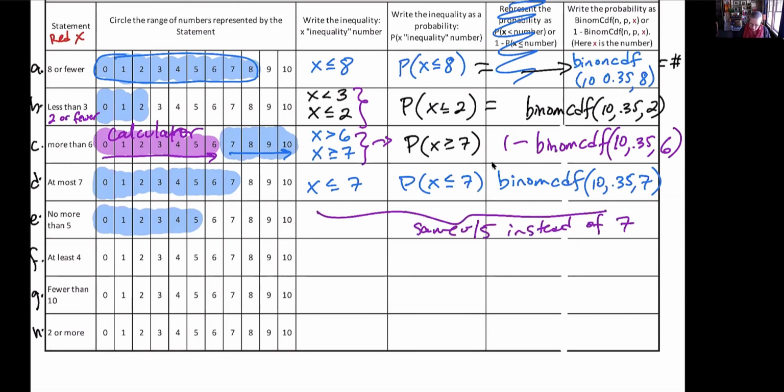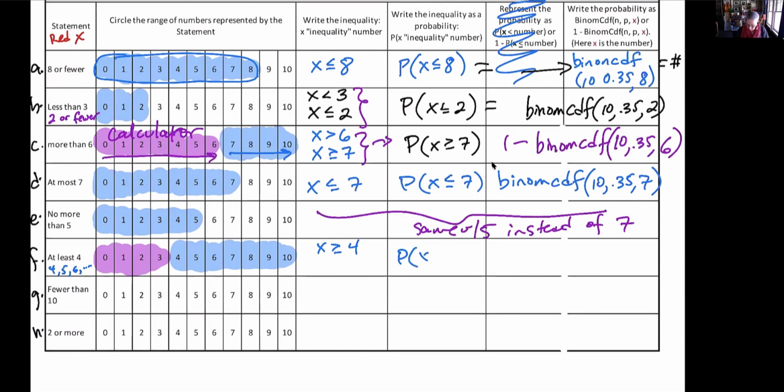At least 4, and this one's probably one of the trickiest ones. At least 4 means 4, 5, 6, etc. So that's 4 and above. So this one, I'm going to need to use the complement again. I'm going to use the complement between 0 and 3, but my inequality is X is greater than or equal to 4.